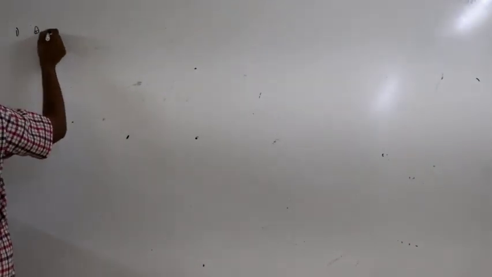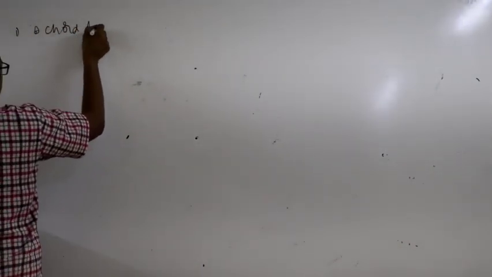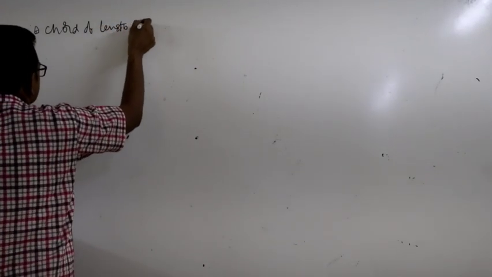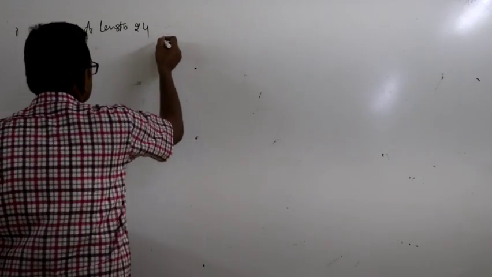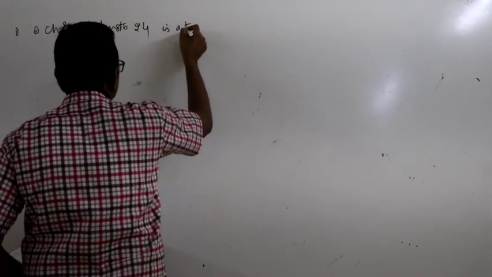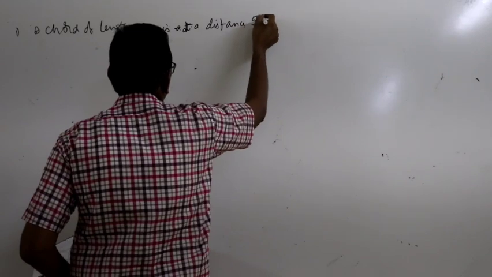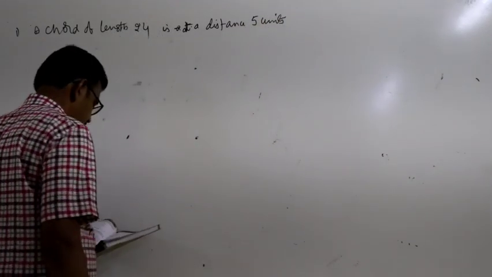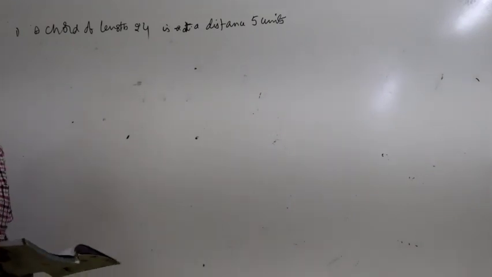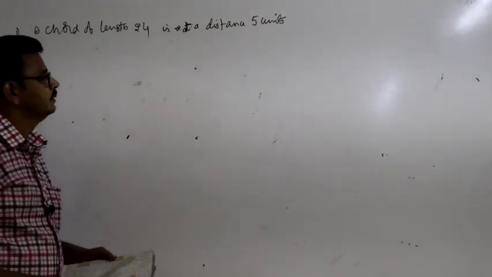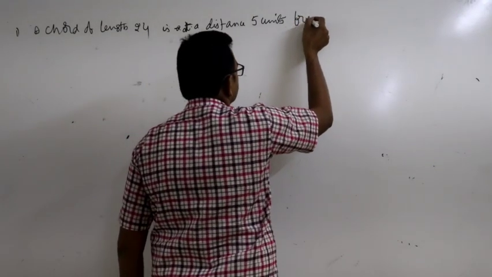Next problem. A chord of length 24 units is at a distance 5 units from the center of a circle.